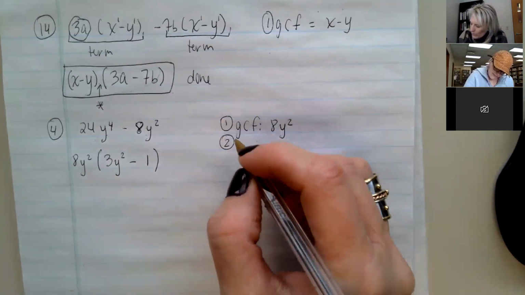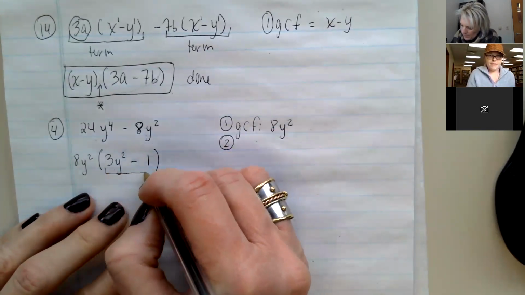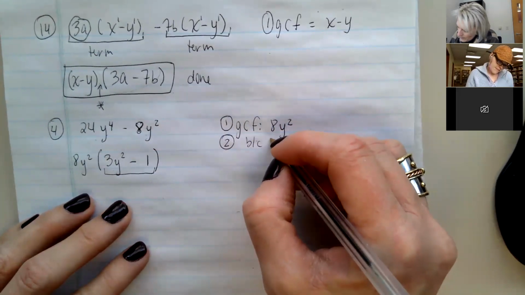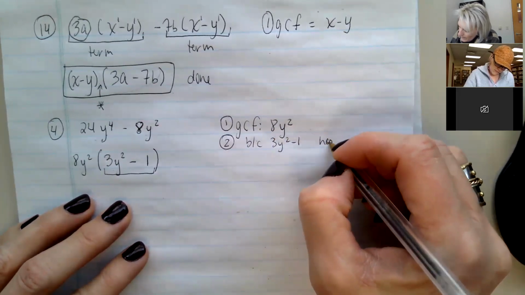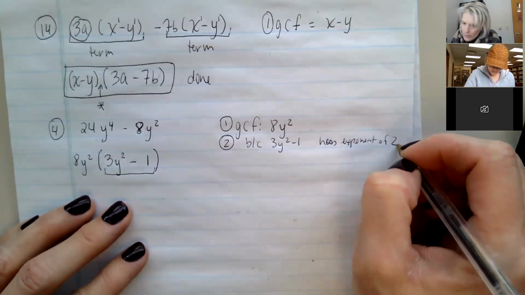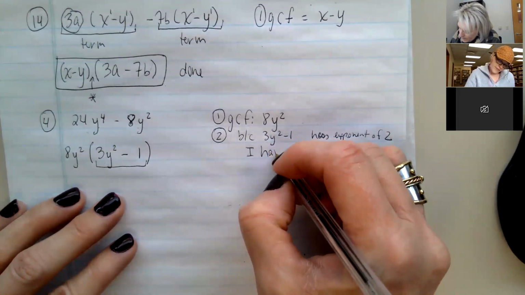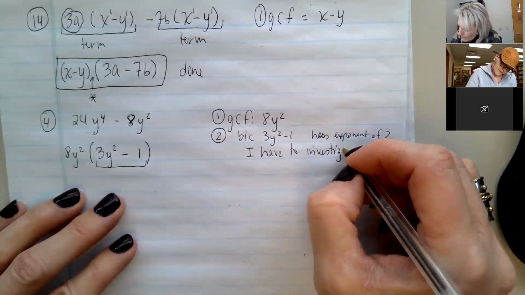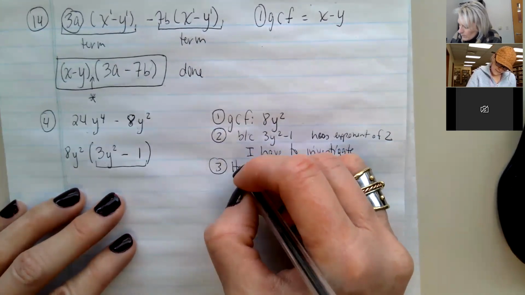So step 2 is, because 3y squared has an exponent of 2, I have to investigate. And so the next question I have to ask is, how many terms?